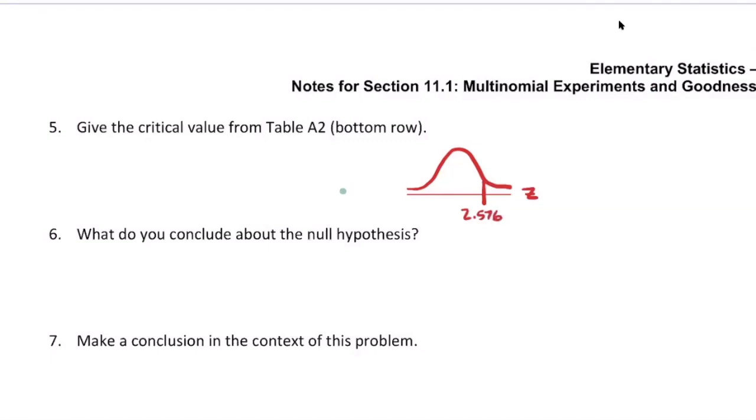And this is for alpha equal to 0.01. Critical value. Okay. Any questions?